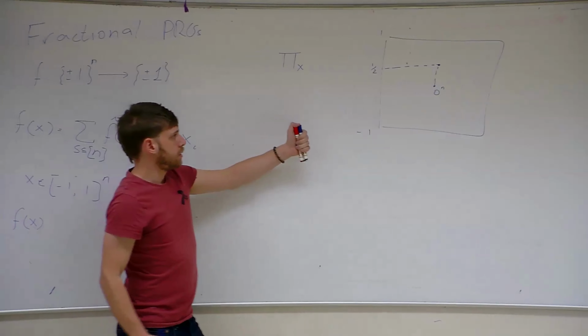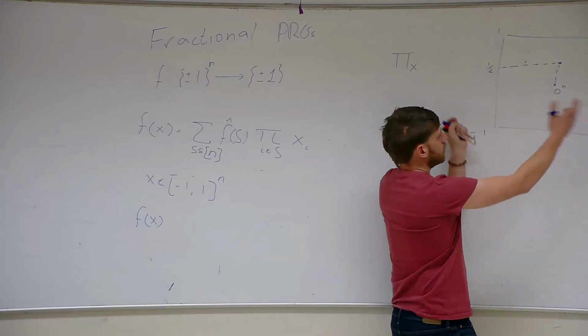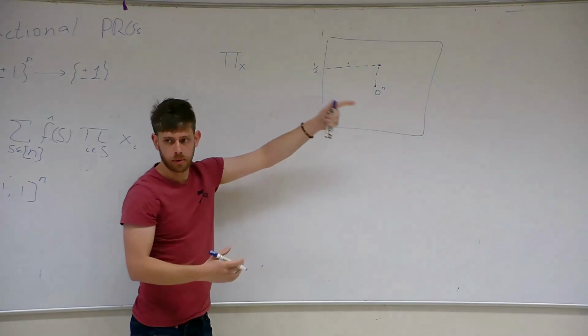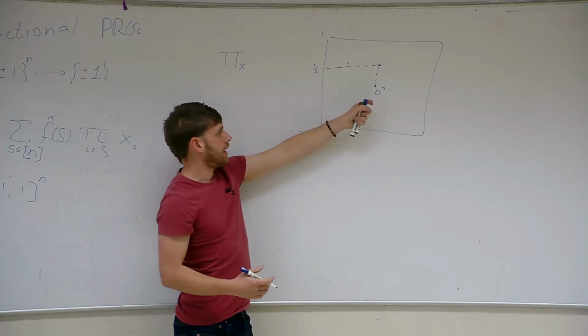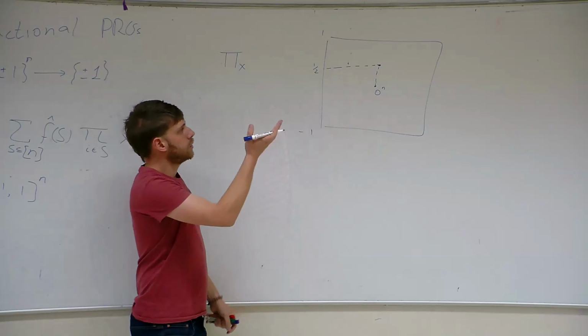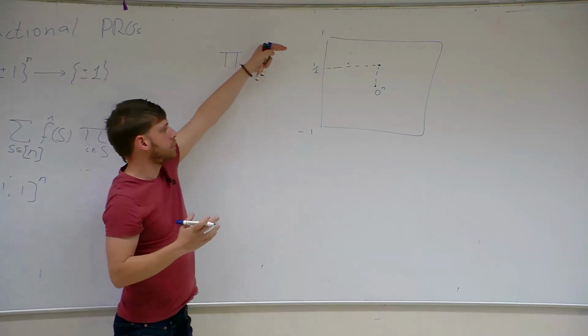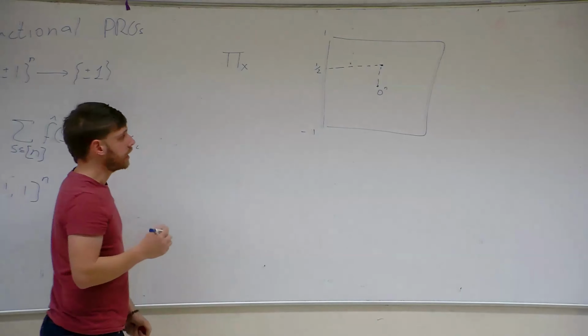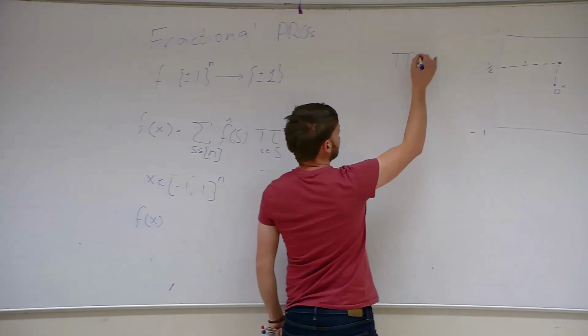So it's equivalent to not choosing whether I go left or right, whether I go to -1 or plus 1 in the x coordinate, but to prefer going to 1 over -1 in the y coordinate. So pi x in the coordinate i.